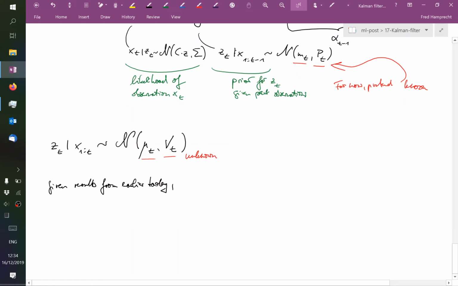We can say that this Vt is the sum of the precision matrices, and mu t is this weighted combination.